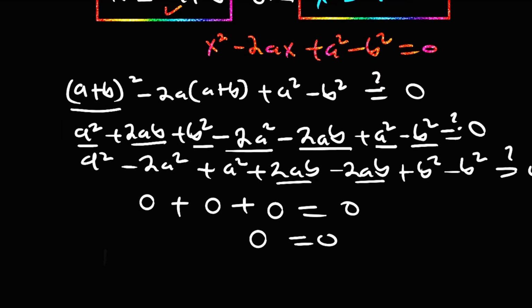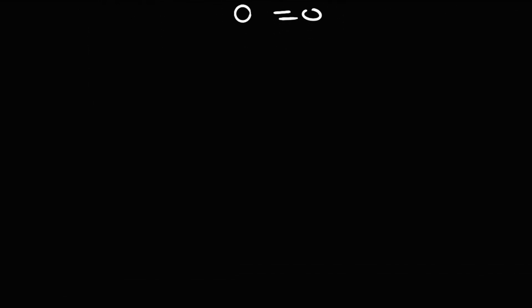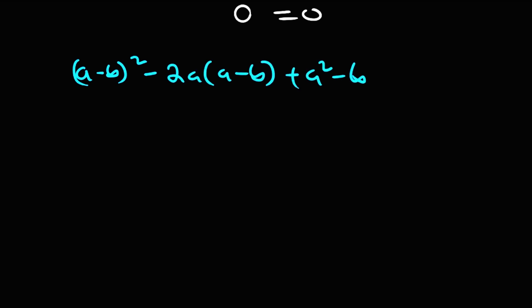Let us now check if the second solution is also true. So our second solution was a minus b. So you're just going to have a minus b, squared, minus 2a into a minus b, plus a squared minus b squared, and we're going to check if that equals 0.